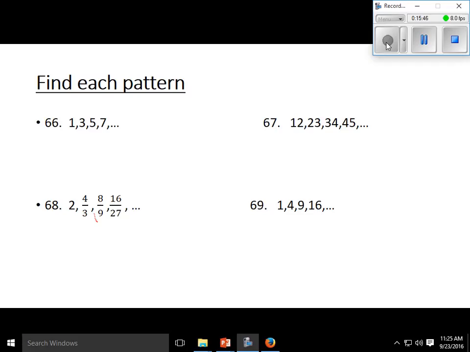How about 68? Nobody wants to try? How about if we do this, and Bree's going to come up and do it. Are you ready, Bree?